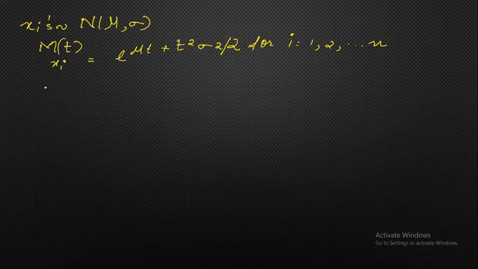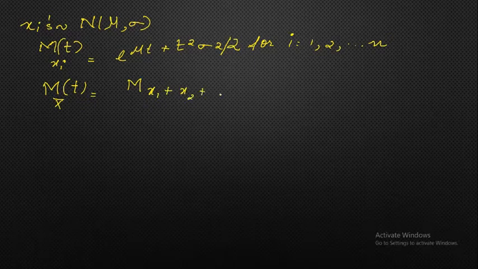Now we have to find the MGF of x bar. How can you write that? It is M of (x1 plus x2 plus etc. plus xn) divided by n, at t.